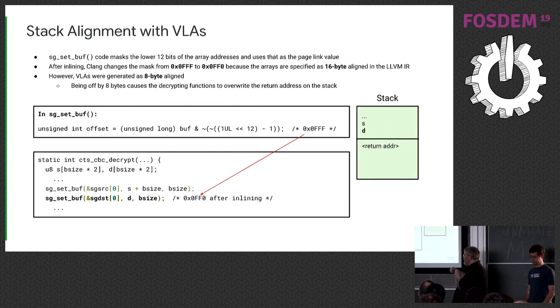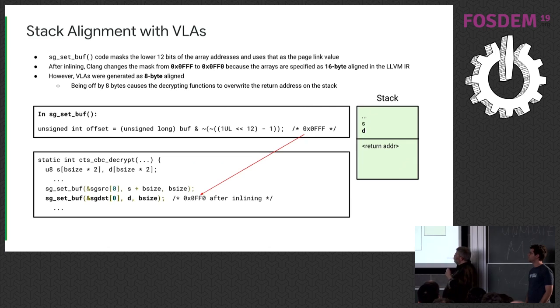And because you have this variable length array being defined like this, and S and D are actually defined towards the end, there's one variable afterwards, but it's not allocated any stack. So basically, D here is the last thing on the stack, about right here.